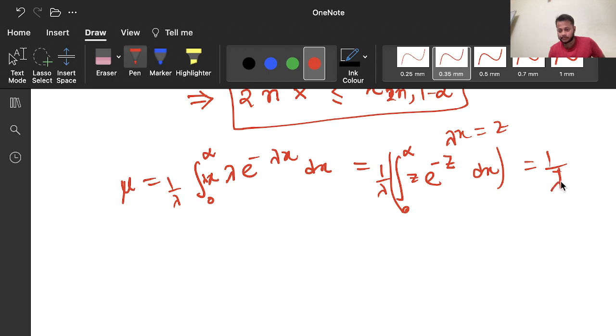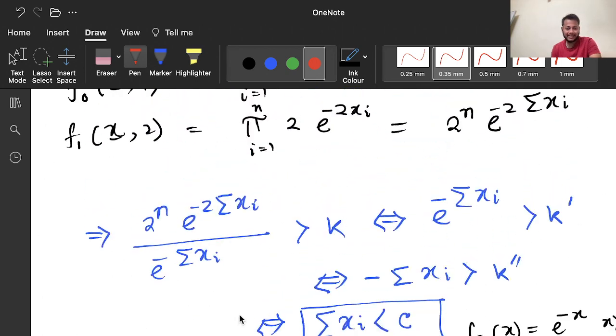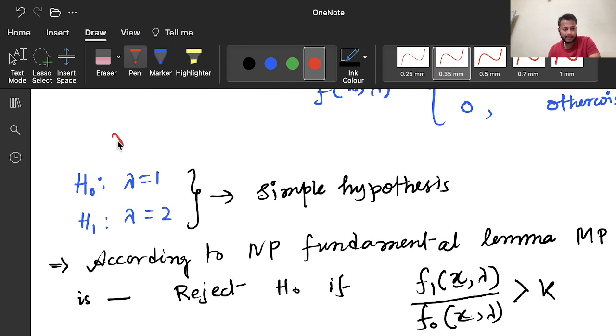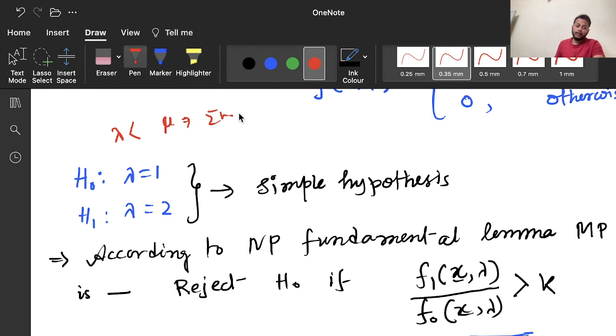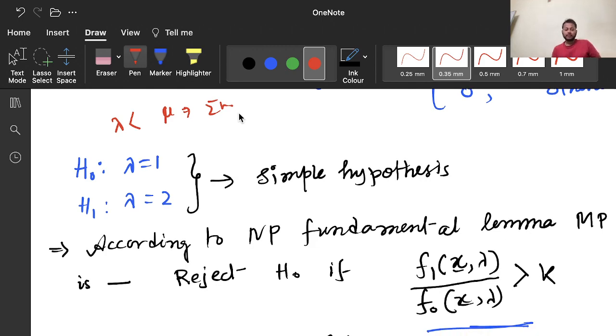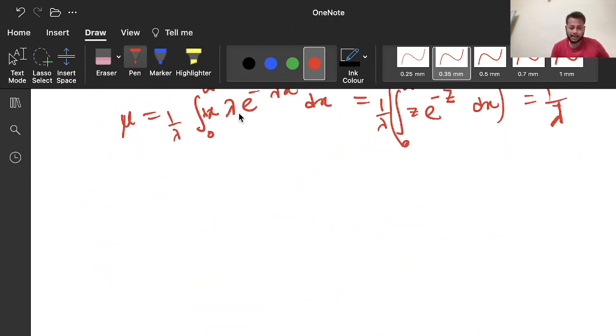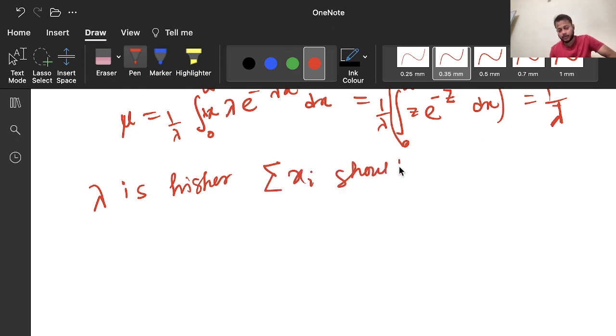You see the mean is 1 by lambda, so if lambda is less, the mean is more, right? If lambda is less, that means the mean, that means summation of x, is more. So if lambda is more, that means if lambda is higher, the mean should be lower.